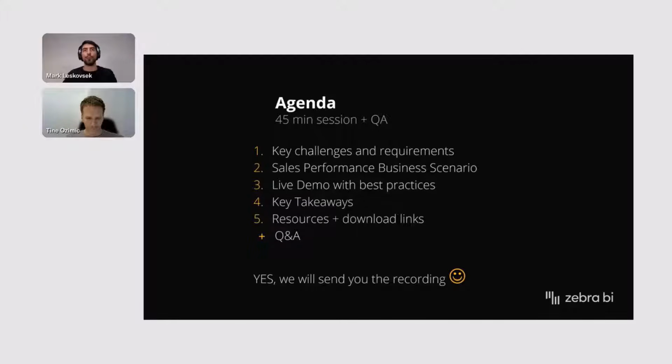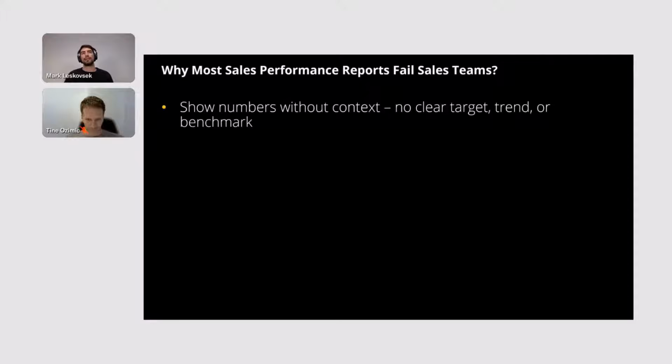Okay, so what are the key challenges and requirements, and why do most sales performance reports fail for the sales teams? The first thing that is usually missing is that there are a lot of numbers without clear context, so there's no clear story. There are a lot of charts and visualizations, but no clear insights, no targets, no trends, or benchmarks where we can clearly see how we're performing.